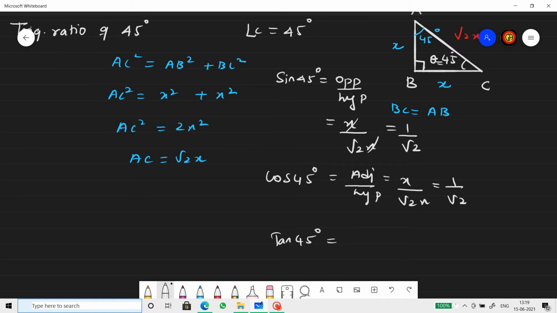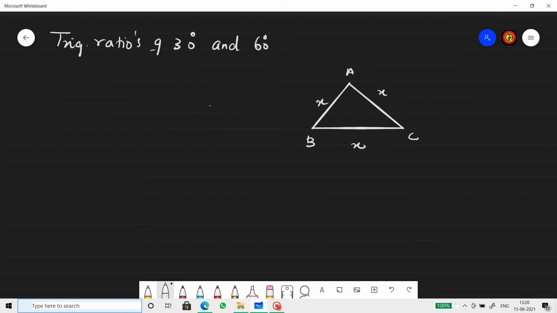Tan 45 is opposite by adjacent. That means x by x. So 1. So this is how we get the 45 degree values of sine, cos, tan, and therefore cosec, secant, cot also. Now let us see the proof for 30 degree and 60 degree values.